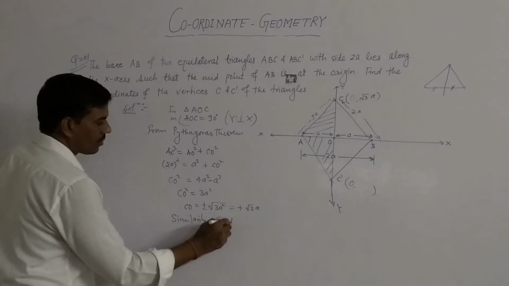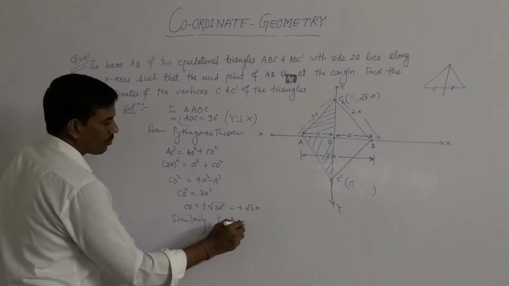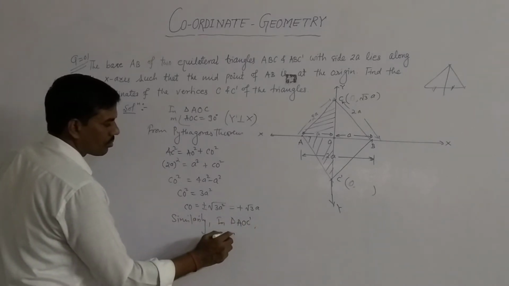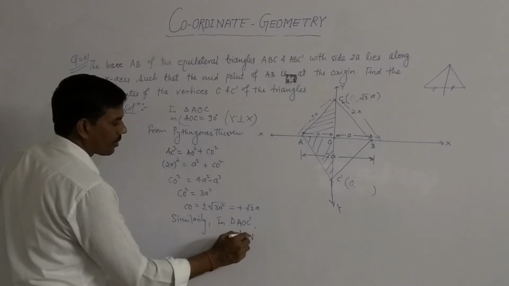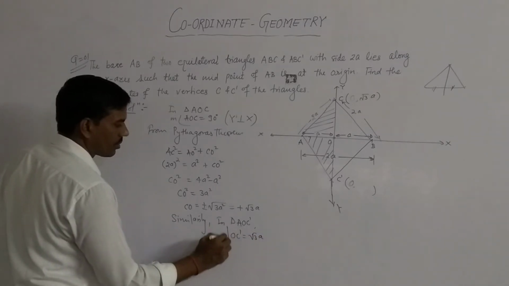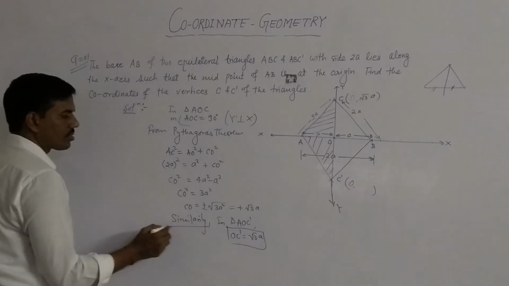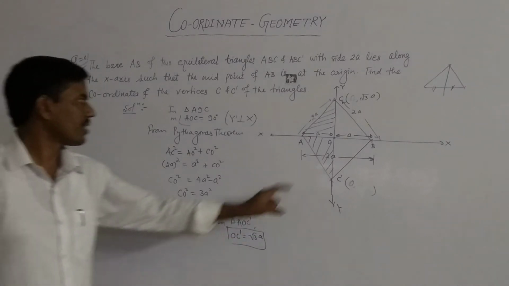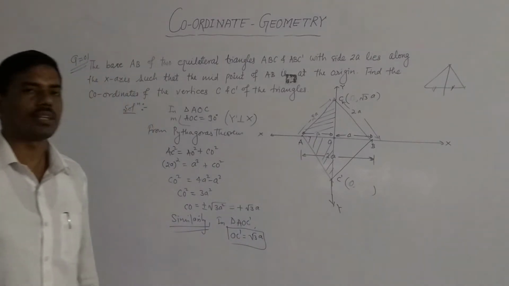Using Pythagoras theorem, OC dash is also root 3 a.